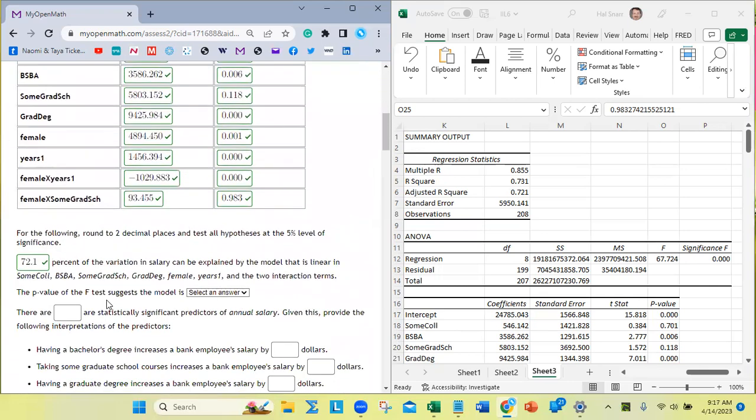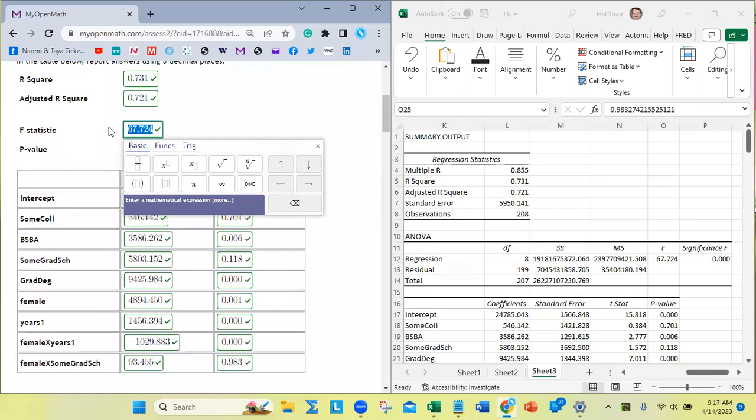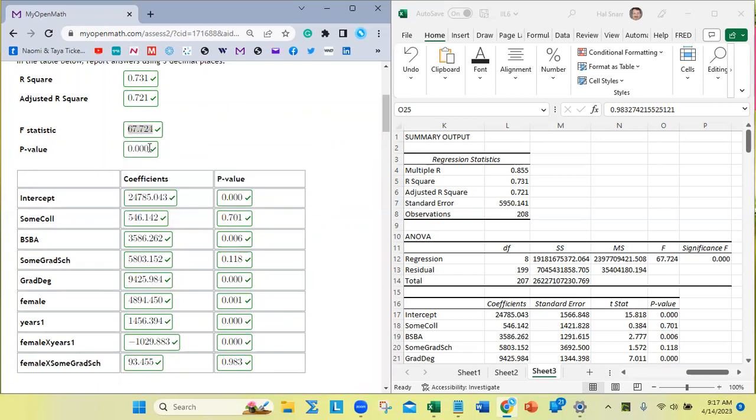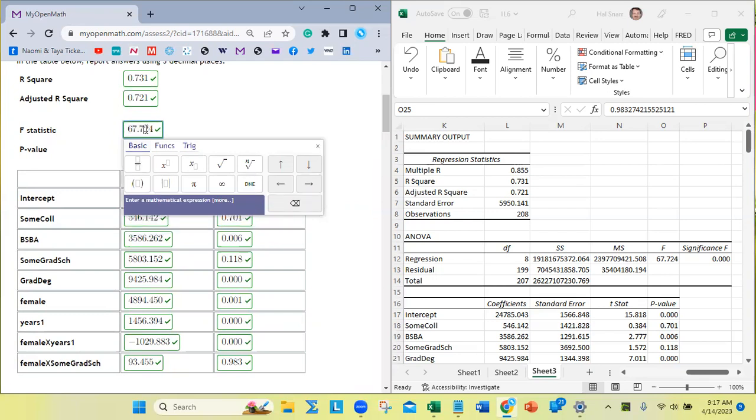All right. The p-value of the F-test is really close to 0. So this is a long ways away from the hump of the F distribution. The hump of the F distribution is approximately around 1. And this is way out in the tail. So when this p-value is small, this F statistic is big.